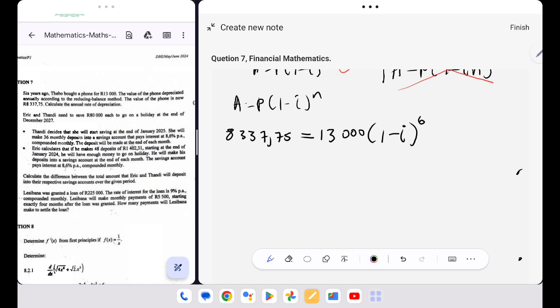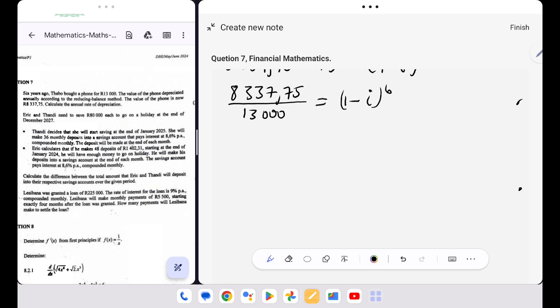So the first thing we do is to divide by 13,000 on both sides, then we'll have 8,337.75 all over 13,000 is equal to (1 minus i) to the power 6.